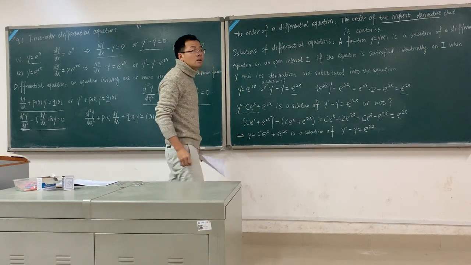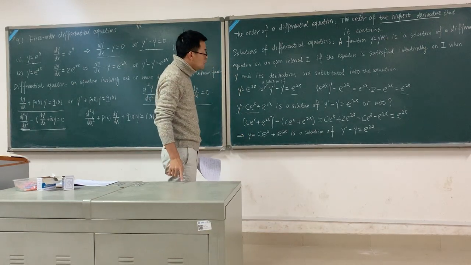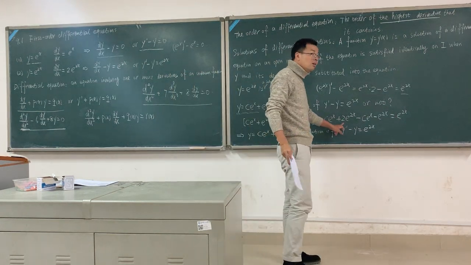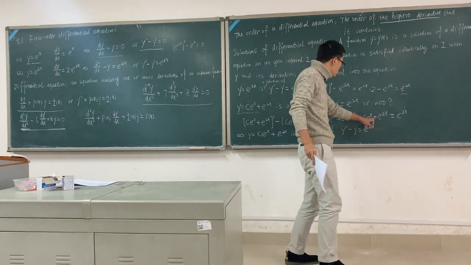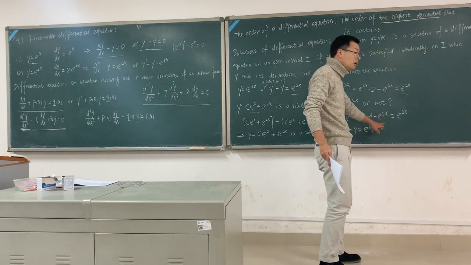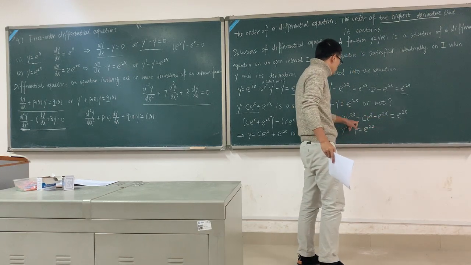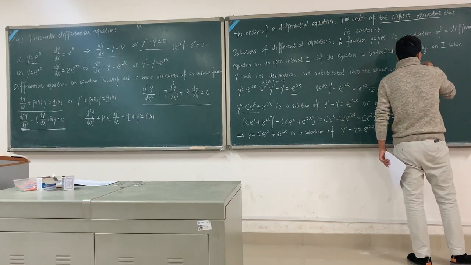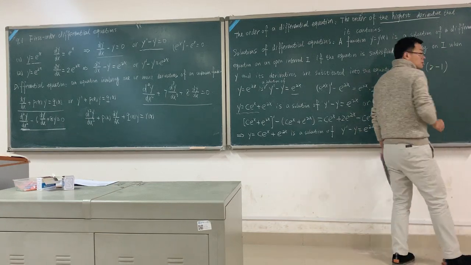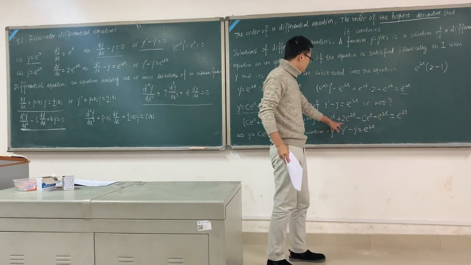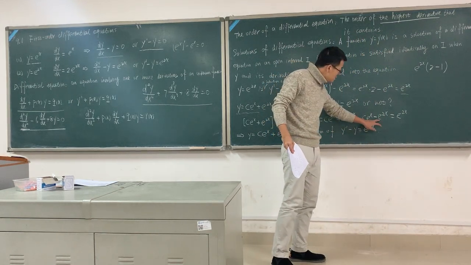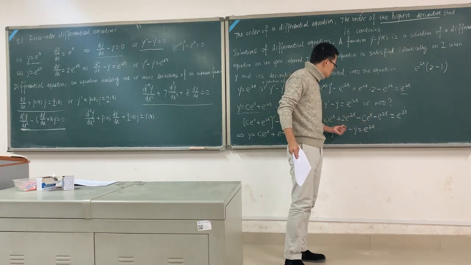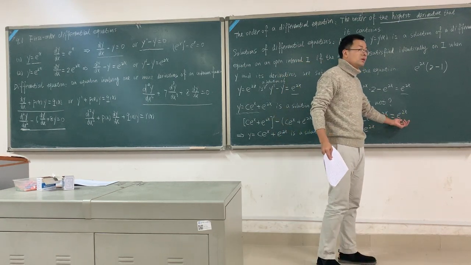I have a question. What? Where did the 2 go? The 2e^{2x} minus e^{2x}. Here you can take out the e^{2x}, so here is 2 minus 1. So 2 minus 1 is 1, times e^{2x}.